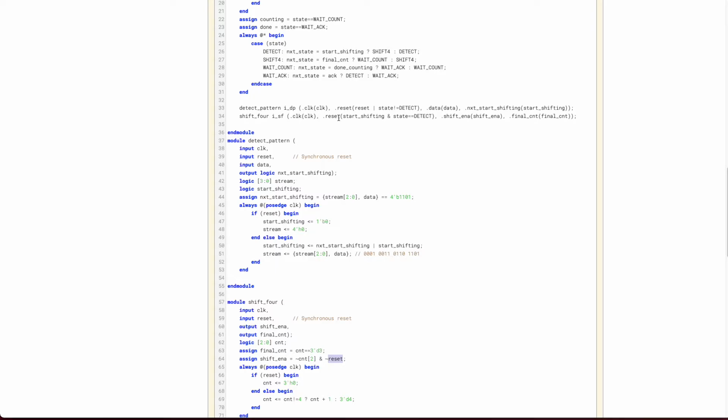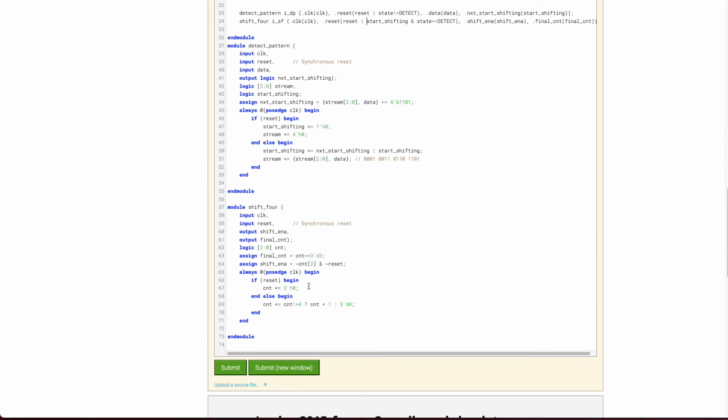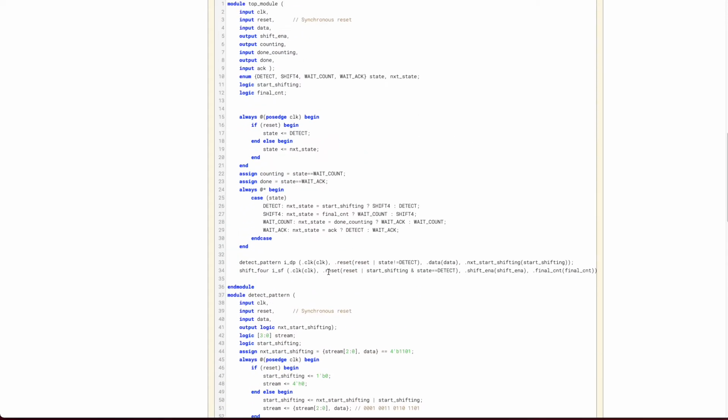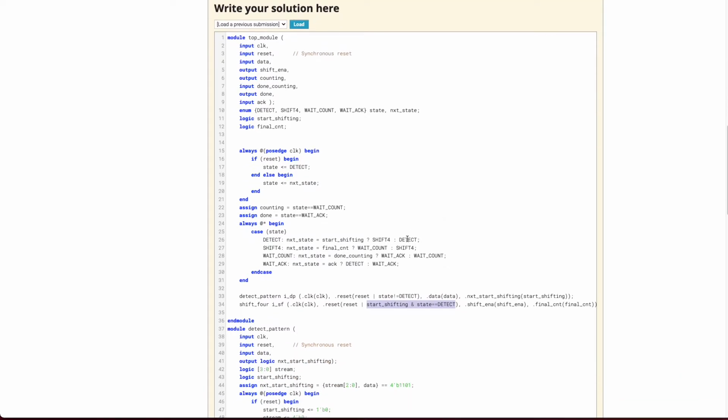Can I just do this? So reset forces this to be 0, and then it'll keep forcing it to 0 until here, and here, like detect and start shifting.